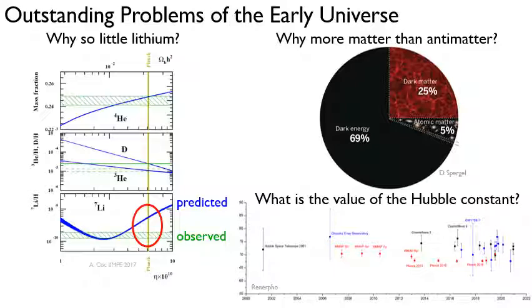And another outstanding question in the early universe is, what is the value of the Hubble constant? So in the Introduction to Cosmology lecture, I confidently gave you a value of the Hubble constant, but that is up for some debate. There are different ways to measure that. I mentioned in that lecture, you can look at the velocities of objects, velocity versus distance, and that's the black points, and you can get some value.